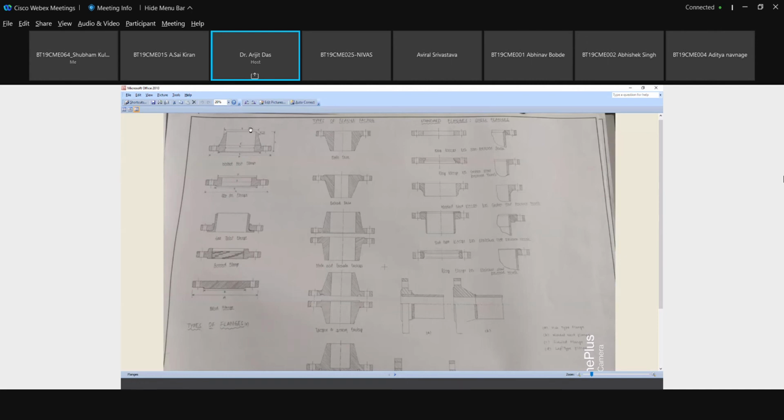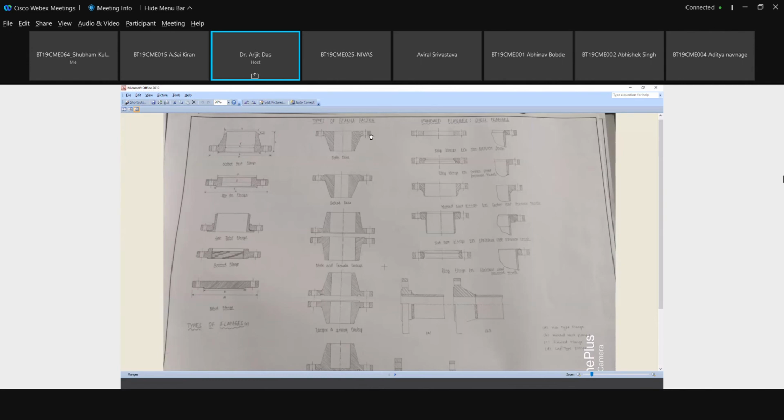Okay, I have given the perfect schematic diagram figure in the last PPT. So you can draw from there. Okay, this is based on the types of attachment. Okay. Now, these are the plain flange.